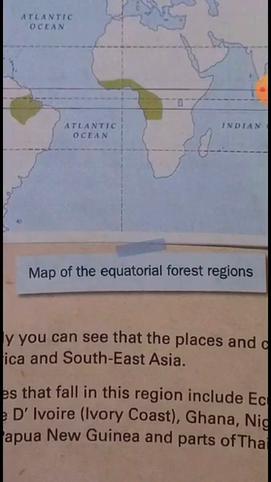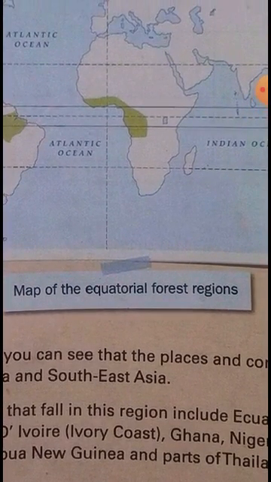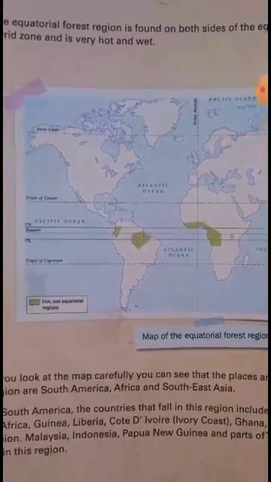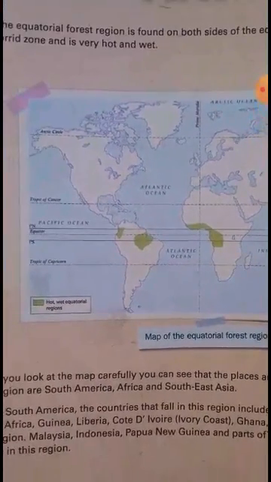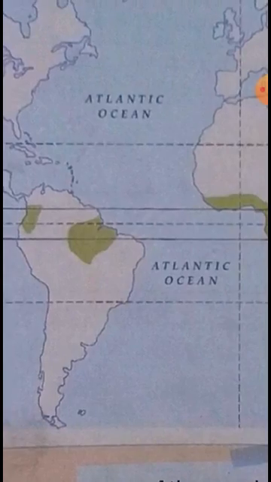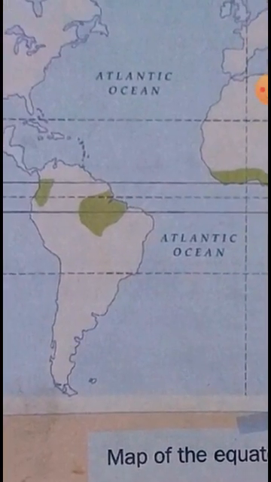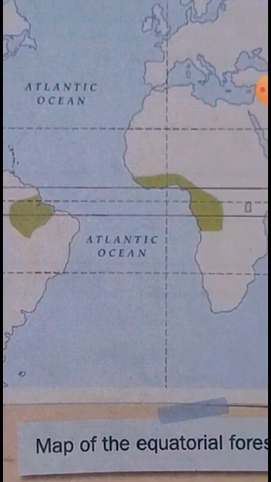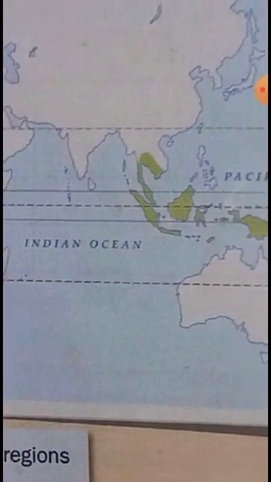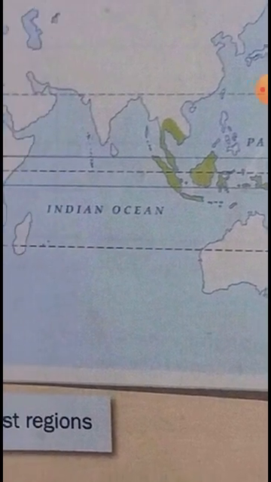You can see here a world map of the equatorial forest regions. In this world map, the light green color portions you can see in this continent, South America. This is the Africa continent, Southeast Asia.